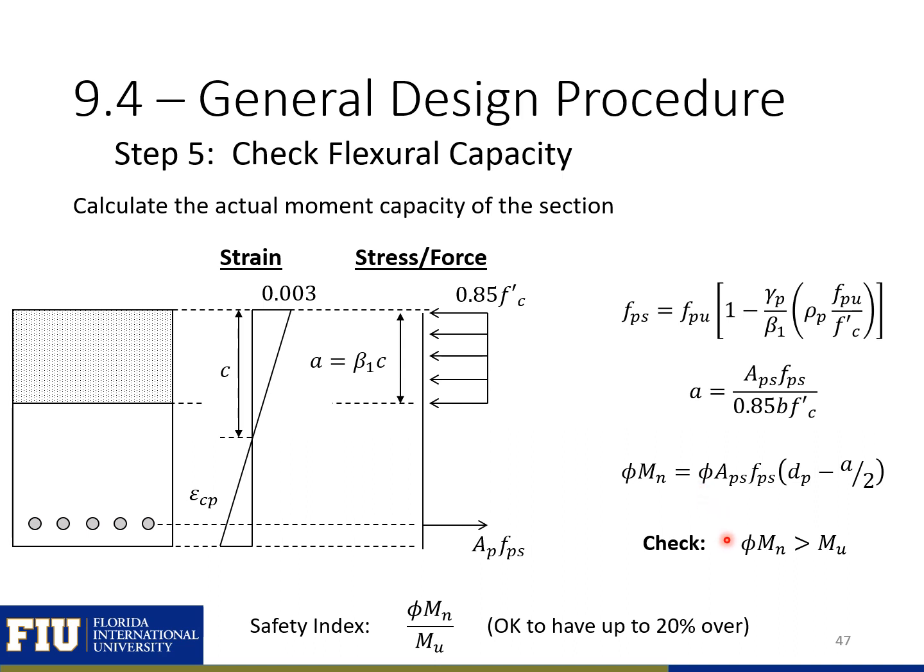Anyway, we would need to make sure that our phi Mn is greater than or equal to Mu. If our phi Mn was less than Mu, we would need to go back and modify our design by either increasing our number of strands, increasing our eccentricity, or modifying our section and choosing another section.